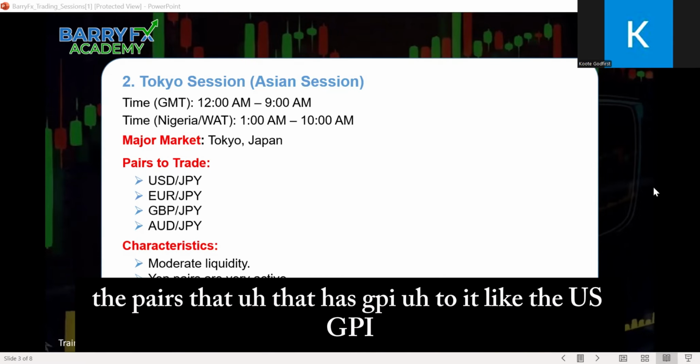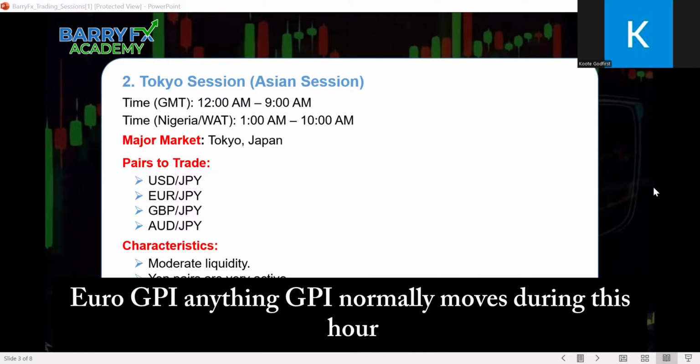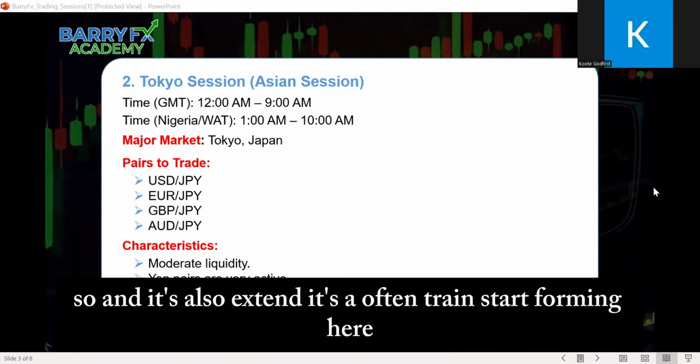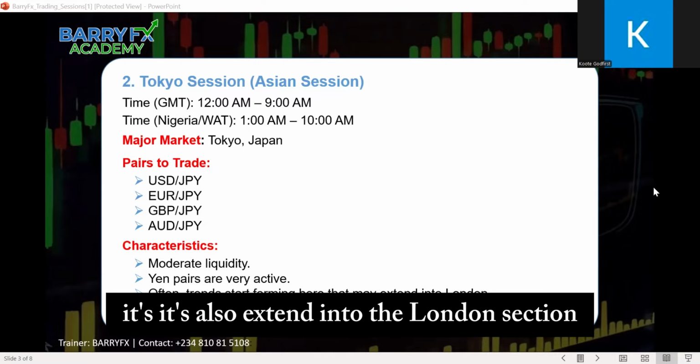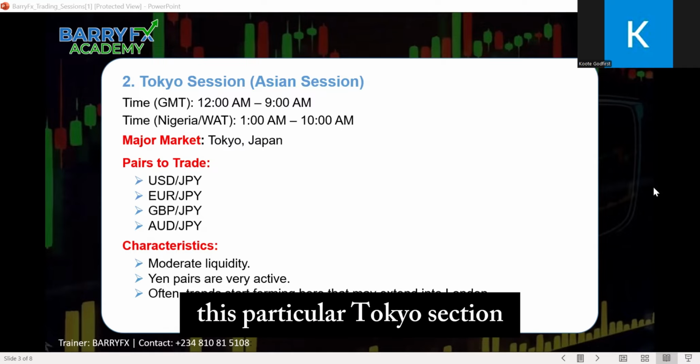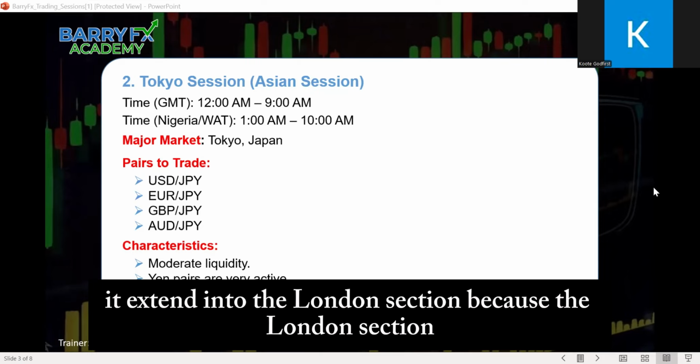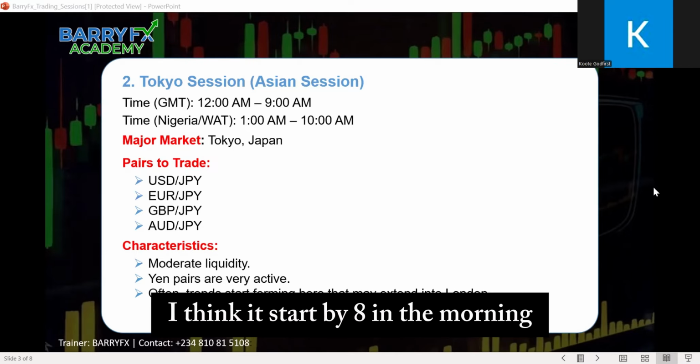The pairs that have JPY in them, like USD JPY, Euro JPY, anything JPY, normally move during this hour. And often a trend starts forming here that may extend into the London section, because the London section, I think, starts by 8 in the morning.